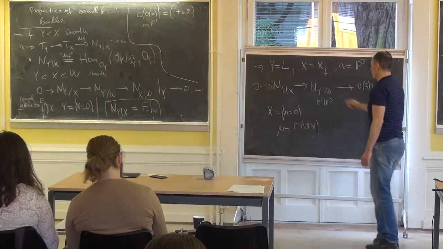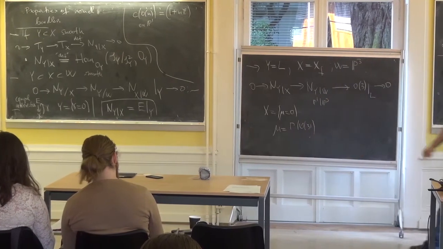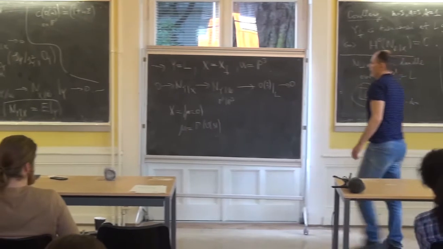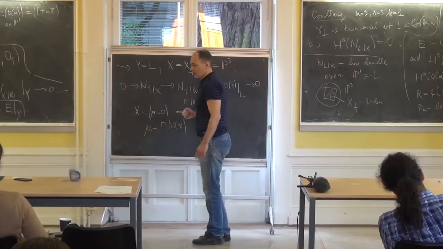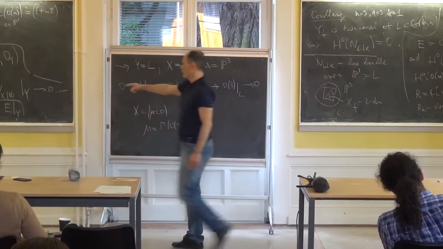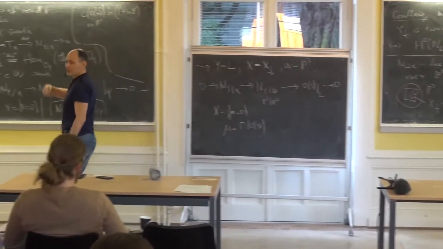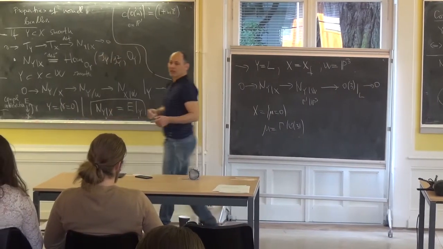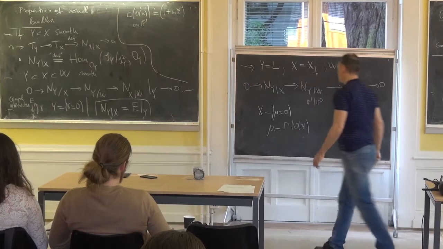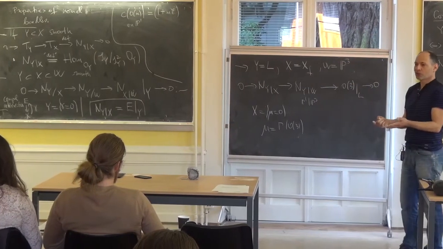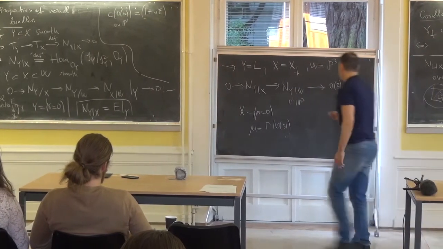So this is easy, and this is also easy, so this is a little exercise. So basically, this comes because you can use the same thing if you like. P1 is a complete intersection in P3, and you need just 2 linear conditions.